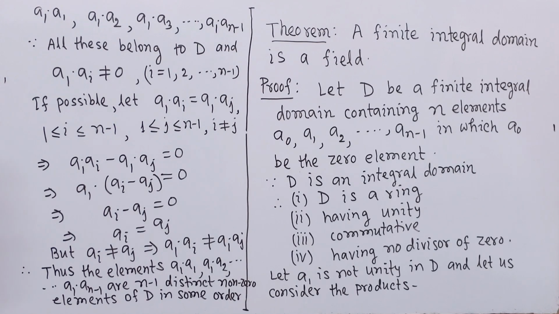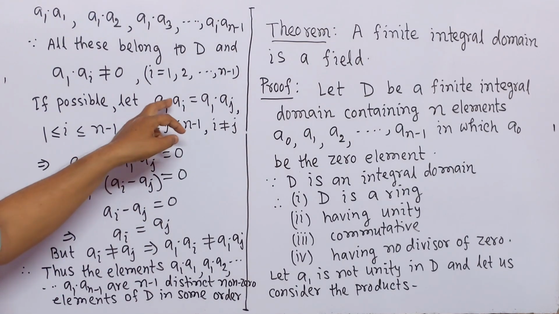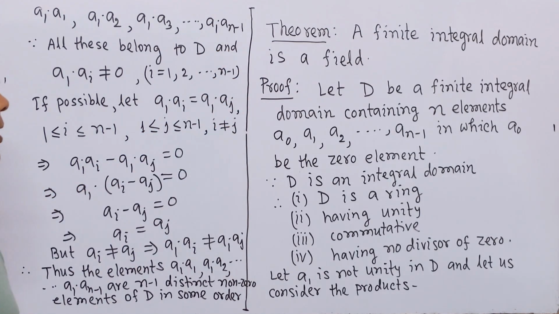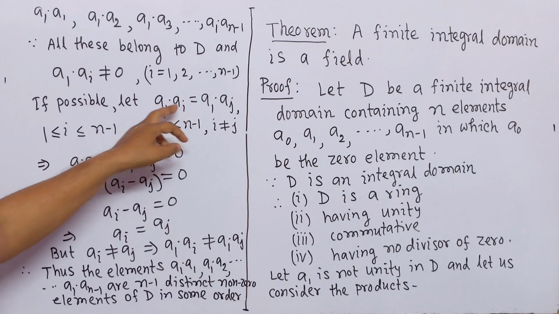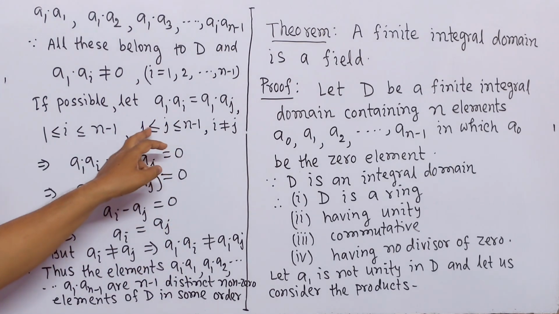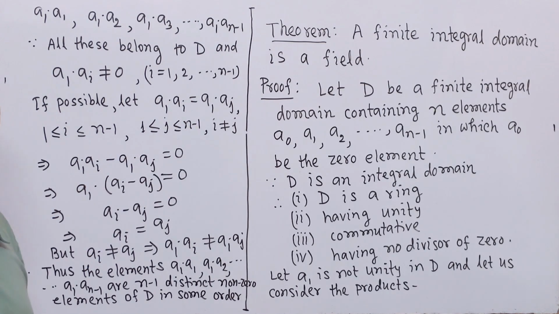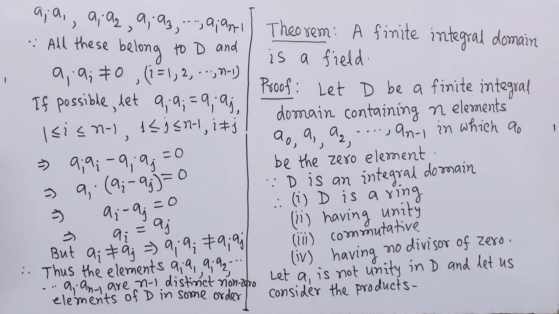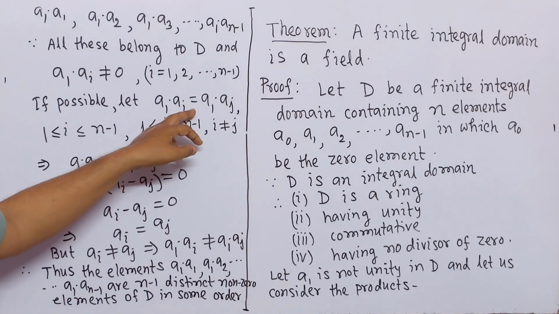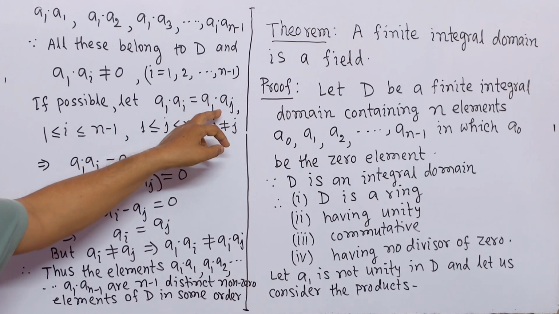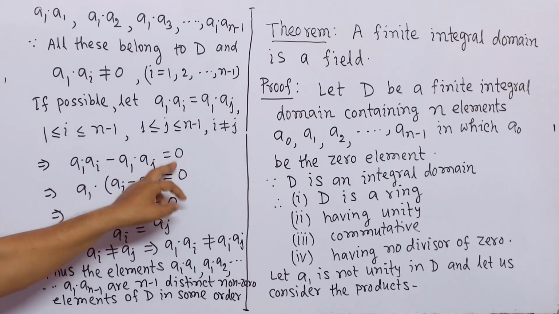If possible, let a1·ai equal to a1·aj, where i lies between 1 and n-1, j lies between 1 and n-1, and i not equal to j. From this we get a1·ai minus a1·aj equal to 0.